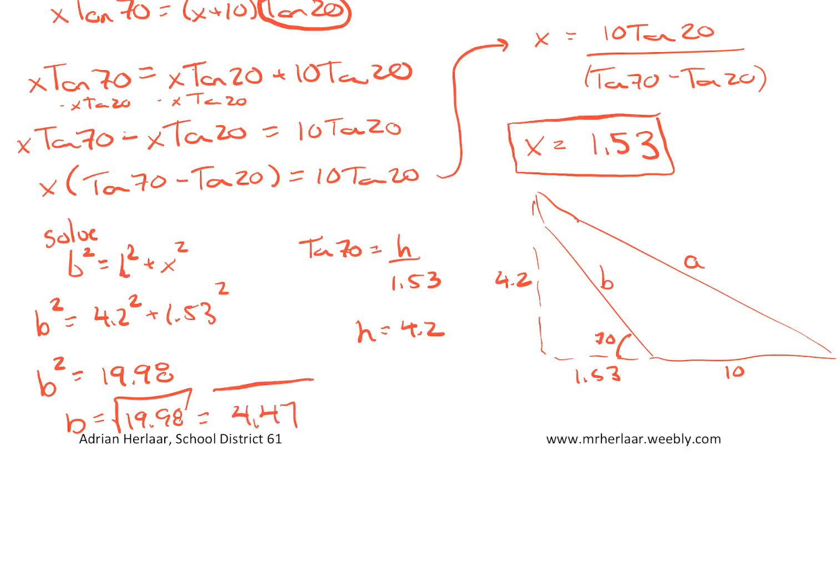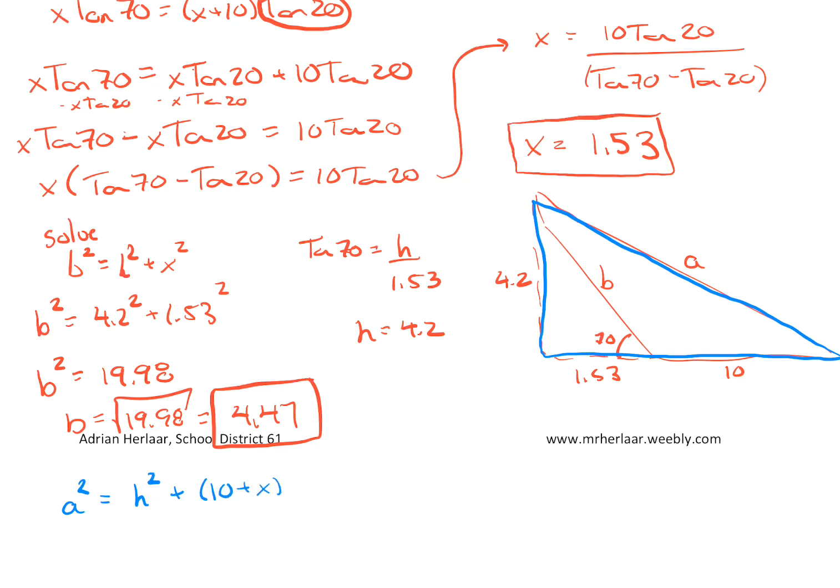So that's one of the first things we had to solve for, B, right? That's really what we wanted. And now lastly, we need to solve for A. And again, think about this thing as a massive right angle triangle now. A is the hypotenuse of this big massive right angle triangle. So A squared is equal to H squared plus 10 plus X squared.